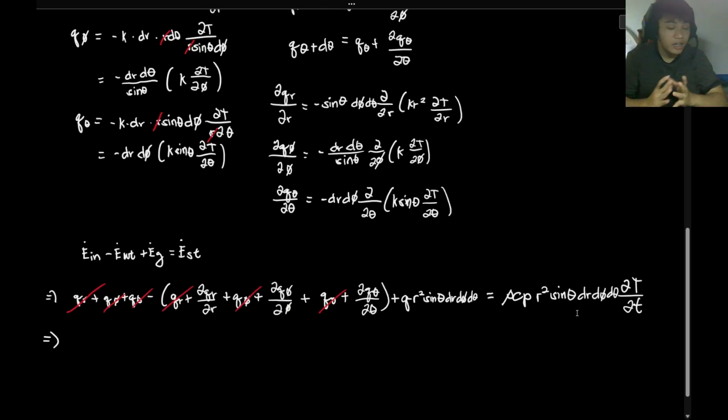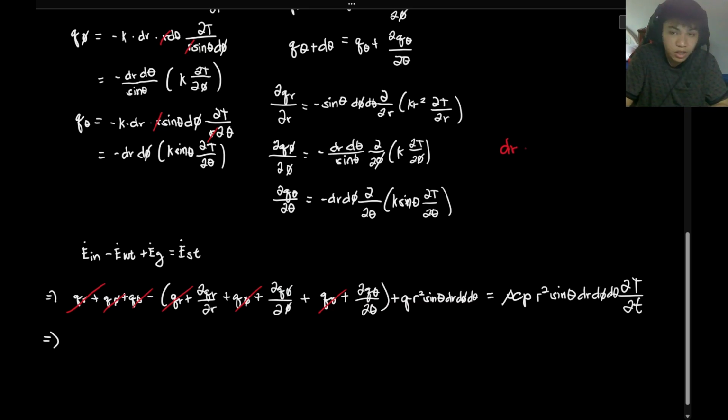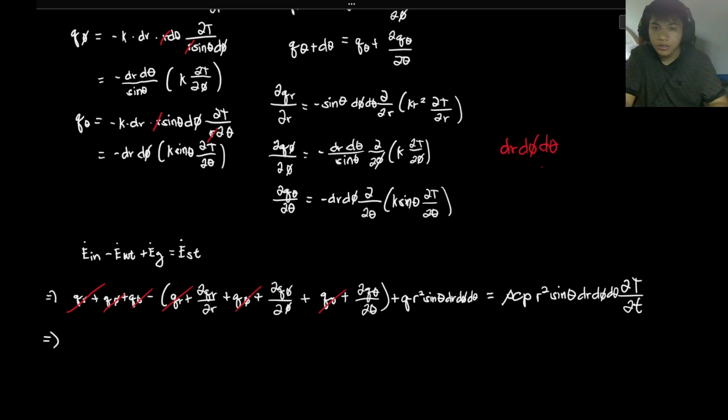Alright. Then, after canceling, we can substitute our values for the partial derivatives and further simplify. To make the process easier, we can factor out our dr, our d phi, and our d theta from the three partial derivatives, and then we can cancel it later on.